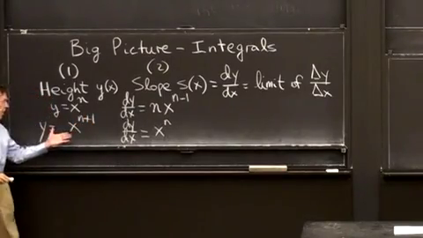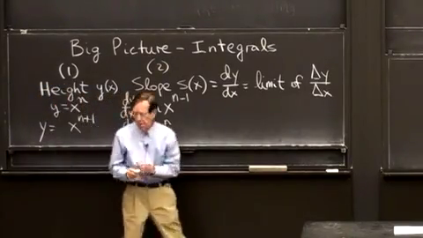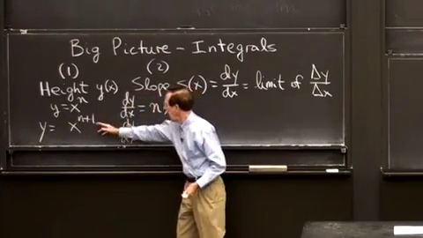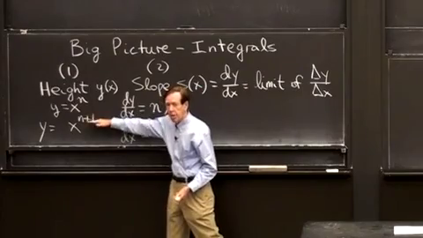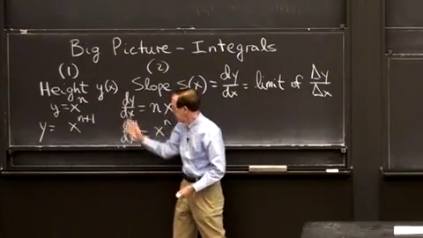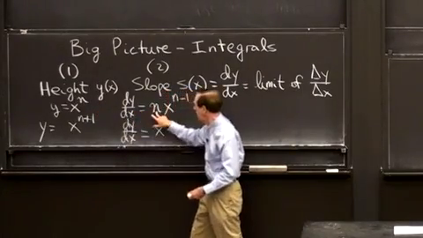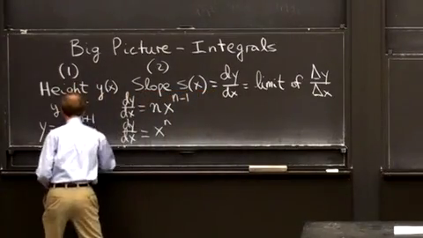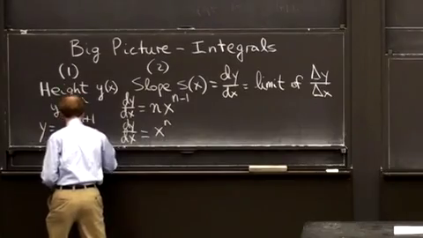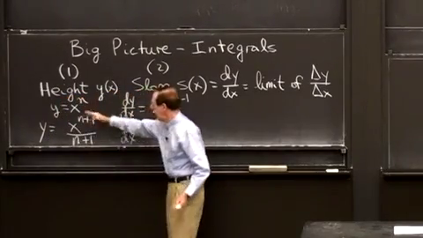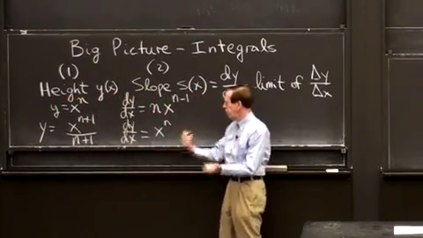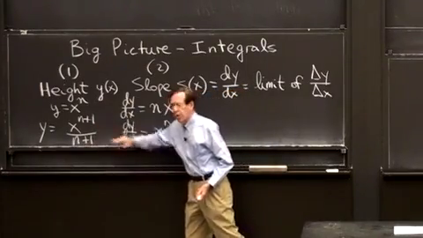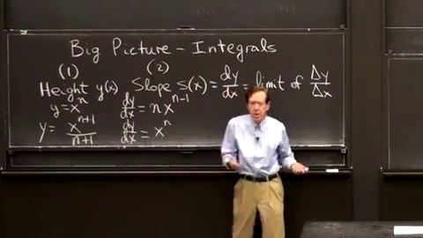But that's not perfect, of course, because when I take the slope of that one, this exponent, n plus 1, will come down. Just as n came down to here, n plus 1 will come down, and therefore I better divide by n plus 1, so that when I do take the slope, when I do go to number 2, the n plus 1s will cancel, the power will drop by 1, and I'll have x to the nth.